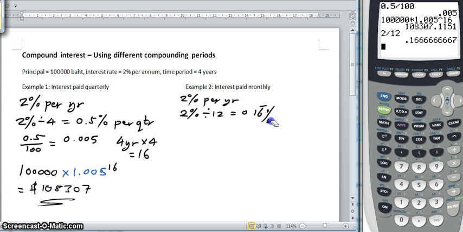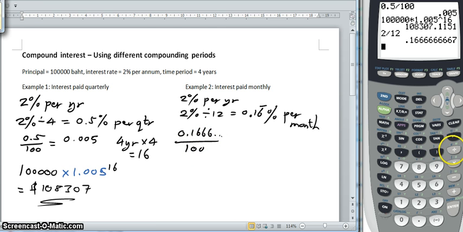Okay, let me just tidy that up a little. So that's the percentage per month. Now, we're paying this for 4 years as well. Oh, let me just go with the multiplier first, sorry. 0.1666, etc. percent is that out of 100.